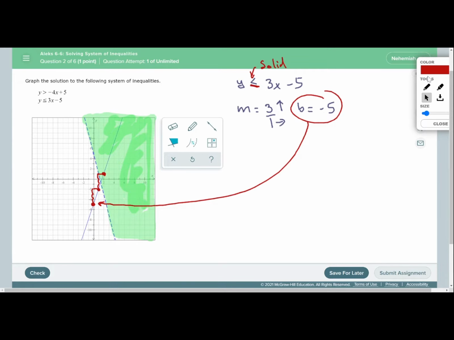Now we're going to do a test point. What point should I test? The answer is 0, 0. Test point 0, 0.